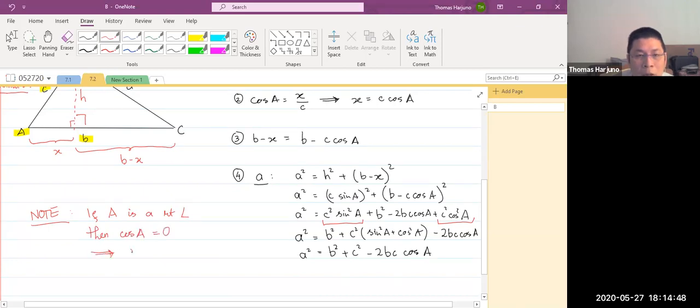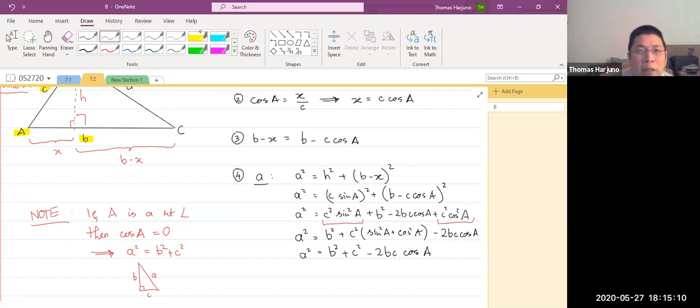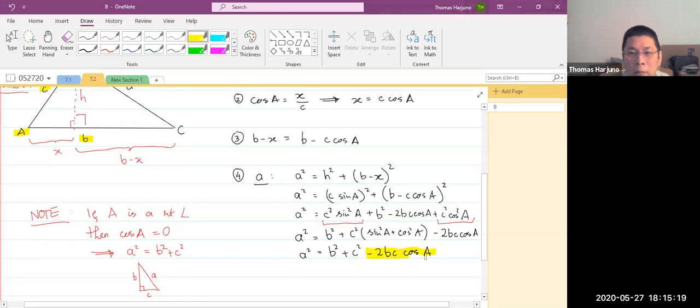Consequently, we get a squared equals b squared plus c squared. Right? So you can say the law of cosines is basically the Pythagorean theorem with some variation.